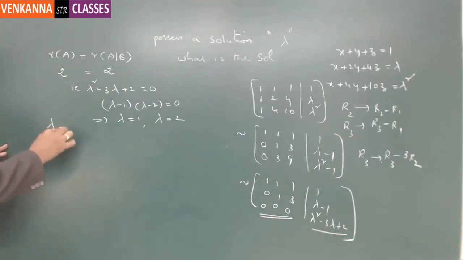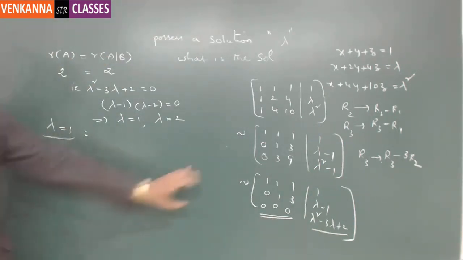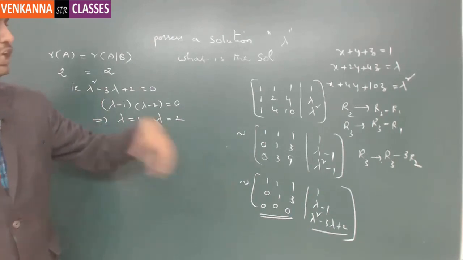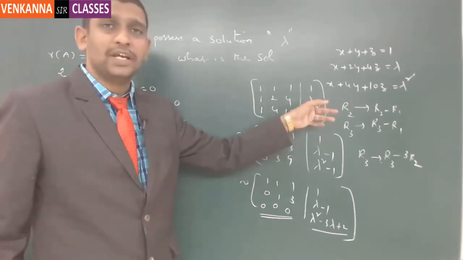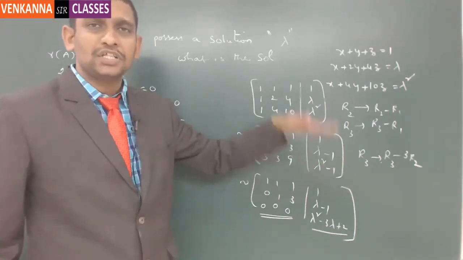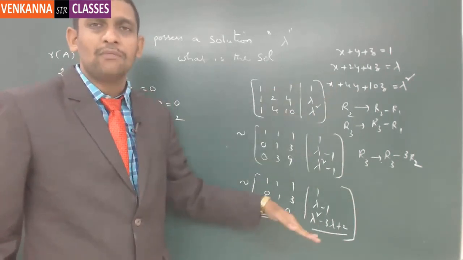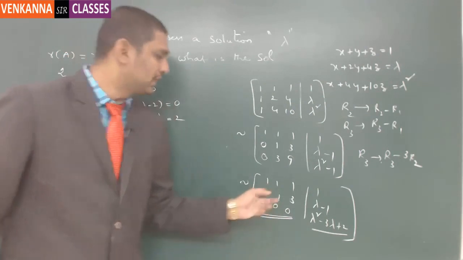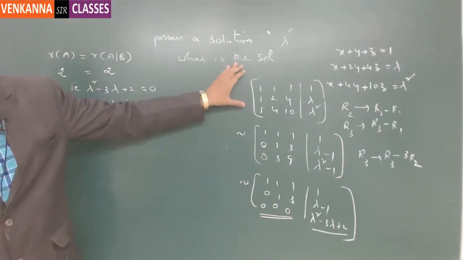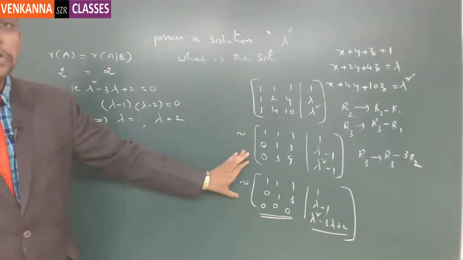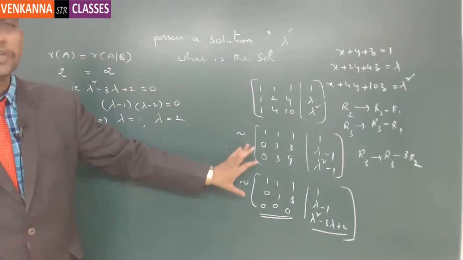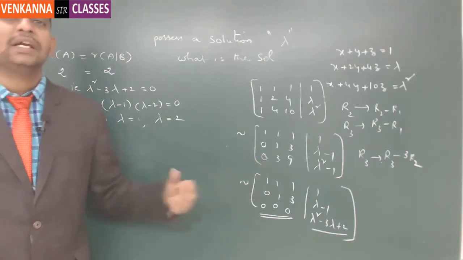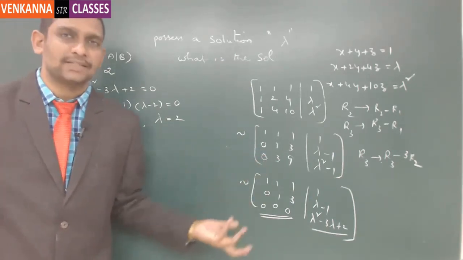So if you substitute lambda equal to 1, by applying the row operations you need to determine the echelon form, and from that only we are going to find a solution. So here, apart from taking the original matrix system, I am taking the reduced matrix system and substituting the lambda value here so that it gives computational convenience for us.